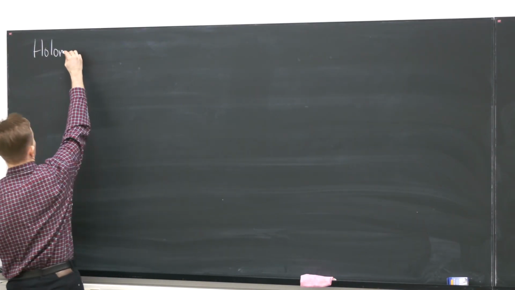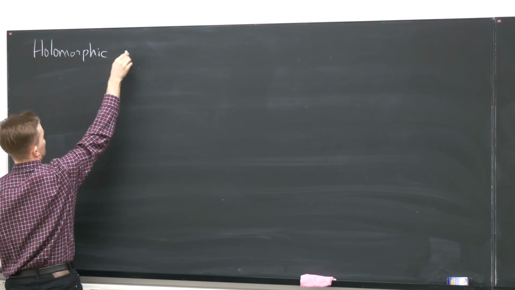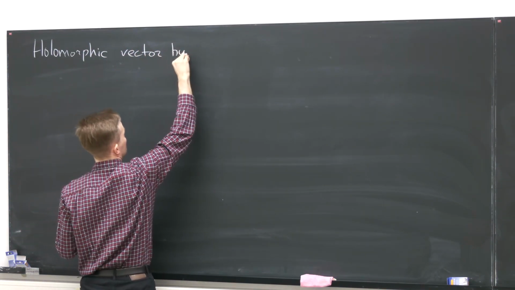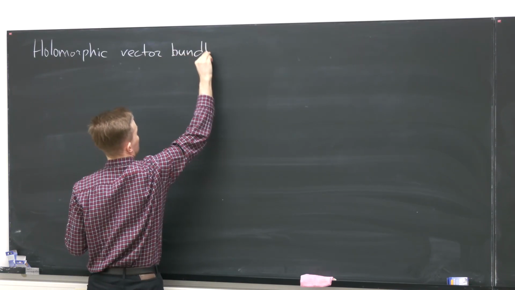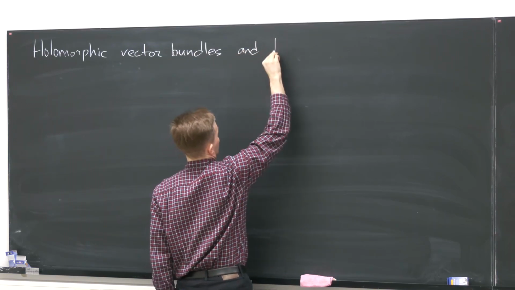So holomorphic vector bundles and Hermitian metrics.